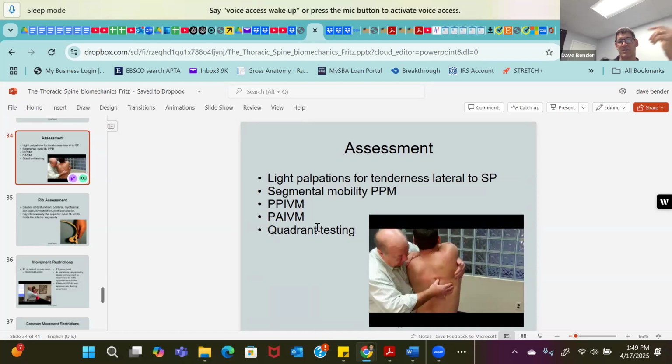For your assessment, with light palpations, you can look for tenderness lateral to the spinous process, looking for segments of hypotonicity or hypertonicity. Feeling a hypertonic muscle tone at that segment locally is usually going to correspond with finding a rotational dysfunction, a ring translation, or a segment that is subluxed.